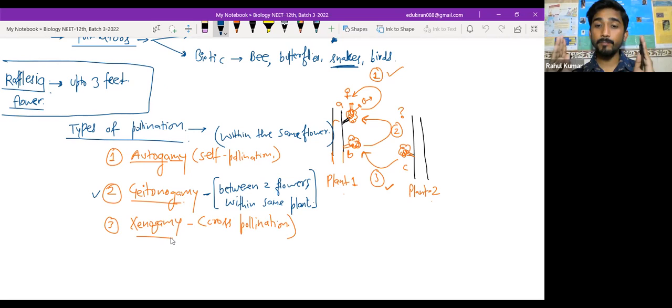present on different plants takes place.